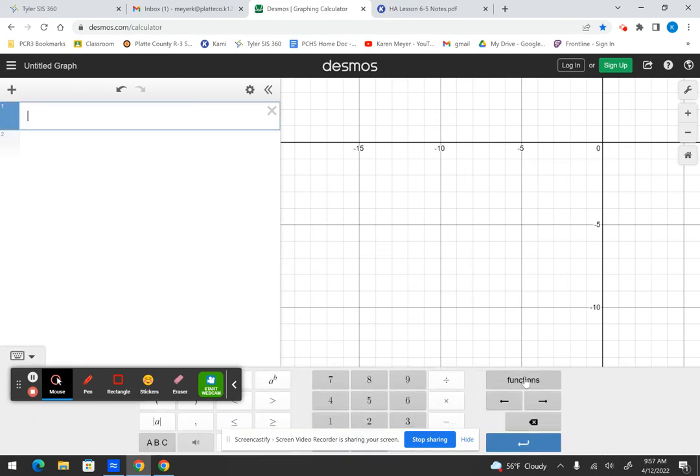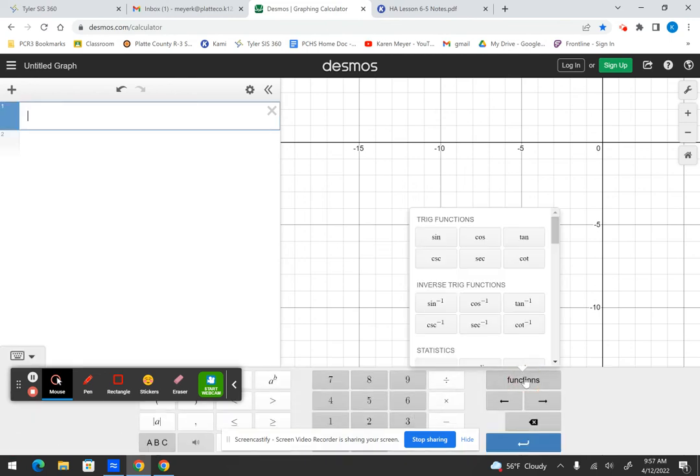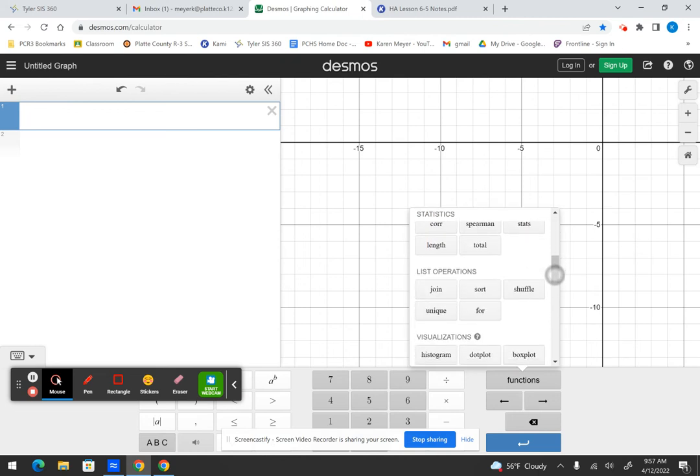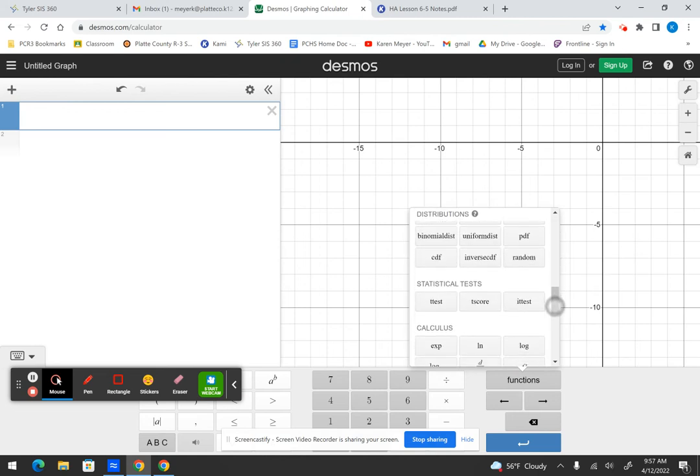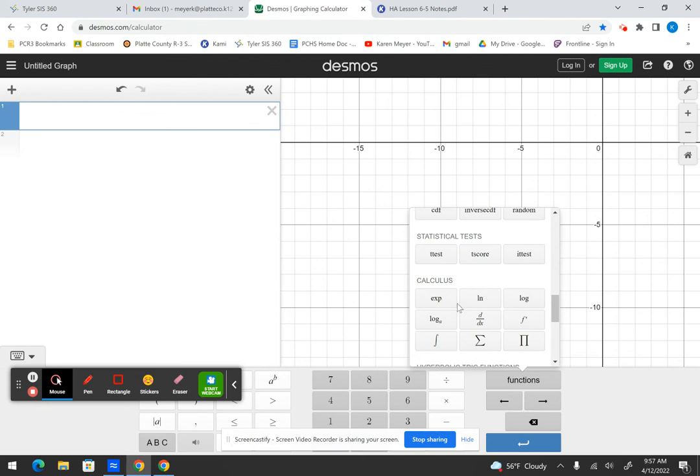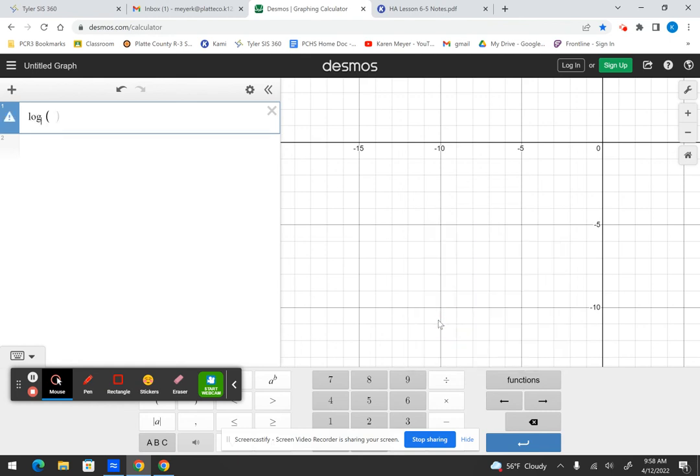And then over here under functions. And then under functions, I want to scroll down until I get to the calculus part. So right up here, it says calculus. And then right here under calculus, it says log base a. And then that allows me to type in the base number with the log. Okay. And then I'll do x minus 2, close my parentheses, plus 4.